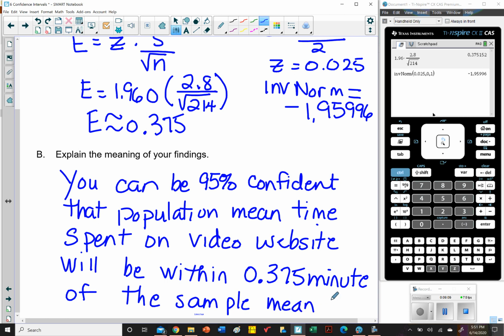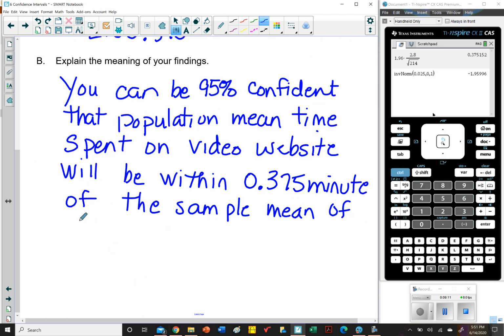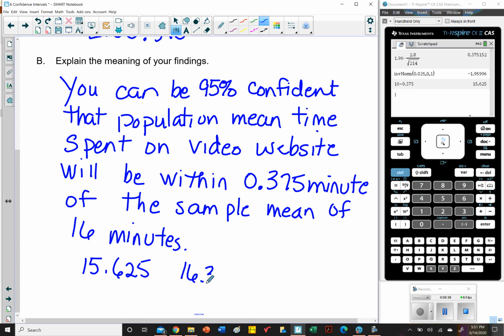And the sample mean was 16 minutes. So it's going to be 16 minus 0.375 to 16 plus 0.375, so it would fall between roughly 15.625 and 16.375 minutes that they spent.